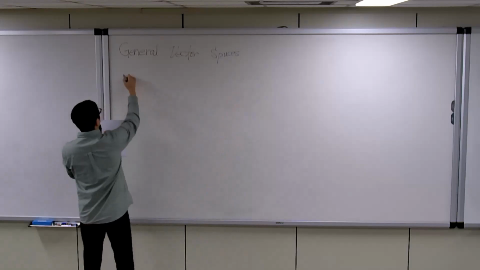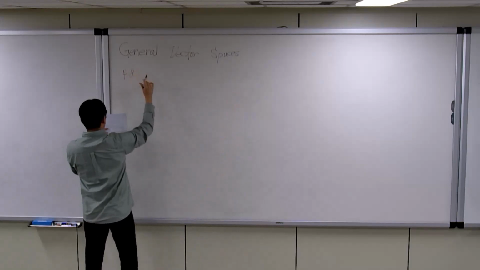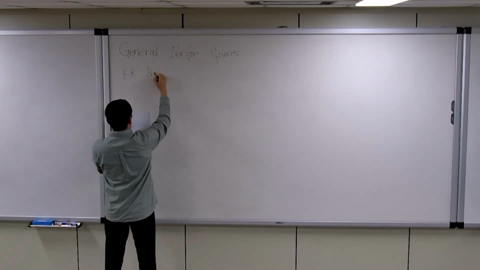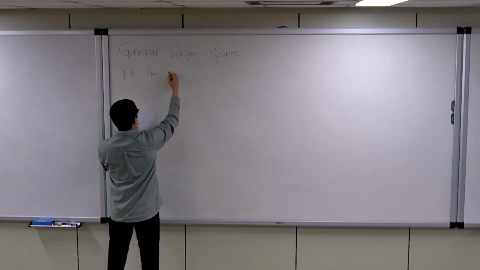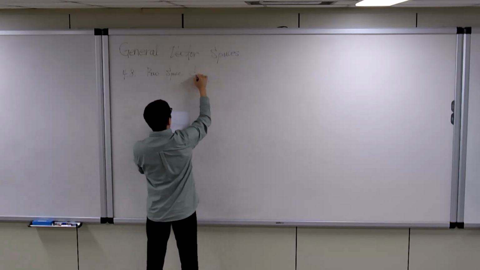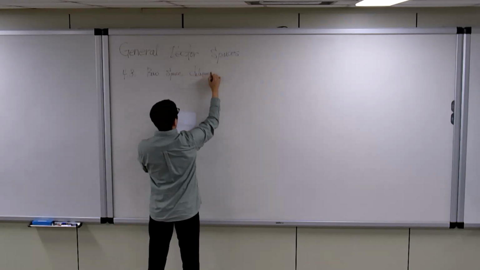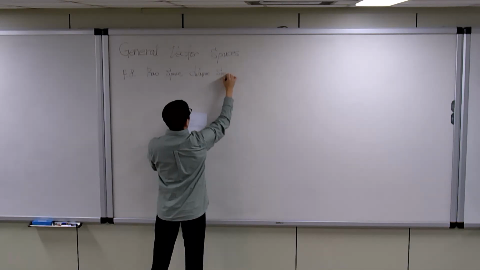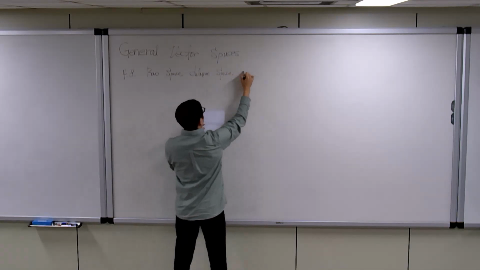And today's section is row space, column space, and null space.